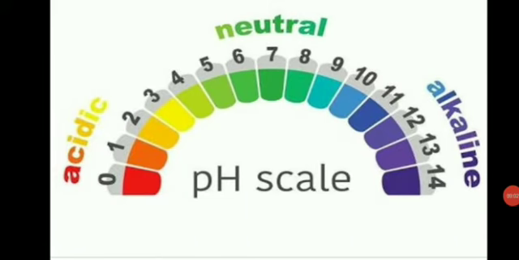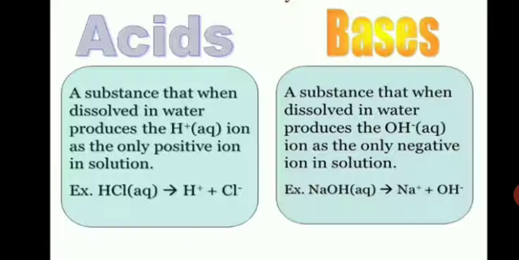We have studied that acids and bases may be either strong or weak and have compared their relative strength on the basis of their ionization. According to the ionization capacity, we defined acids and bases.